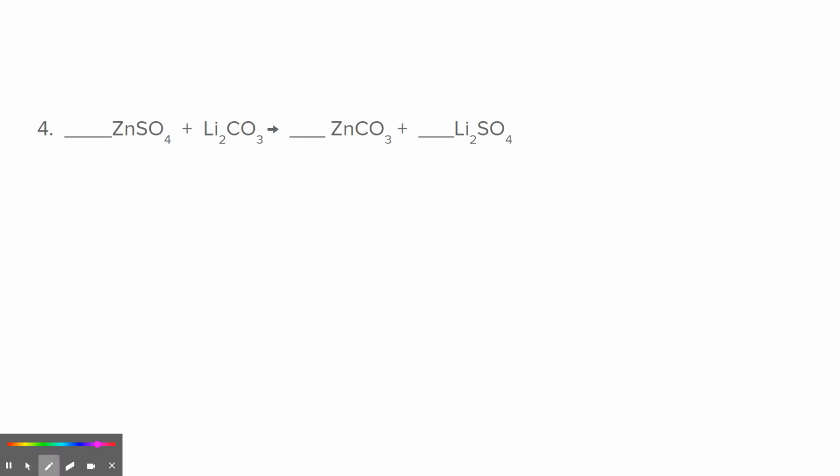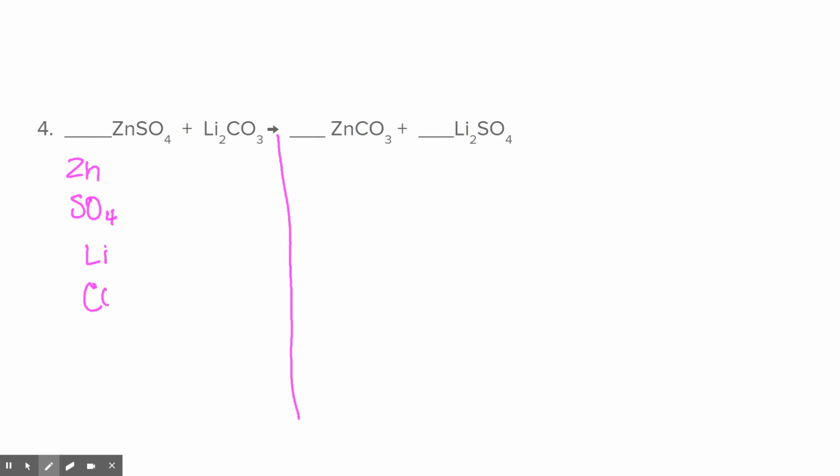For example number 4, we're going to draw our line, then list out all of our elements. Zinc, sulfate, lithium, carbonate. Okay.